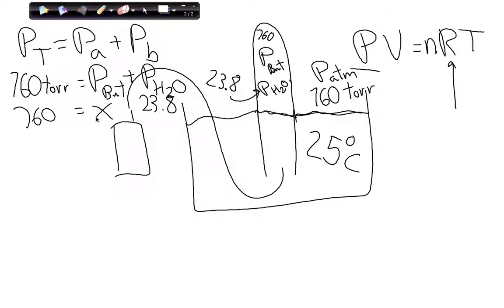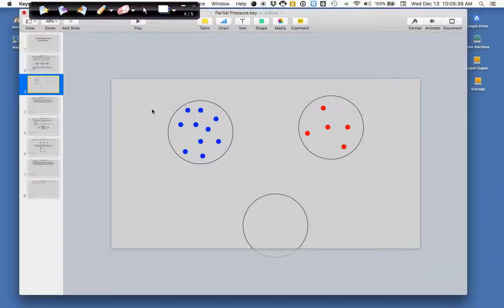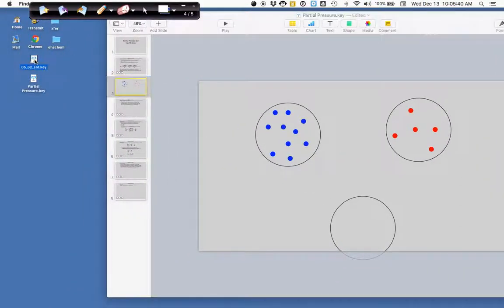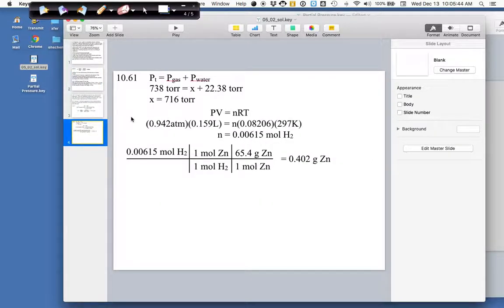Oh, yeah, no, okay, so let's go back and look at question 61. Yeah, so guys, here's what we're going to do. Let's go back to question 61, and now I'll bet we can think our way through this. Because they tell us that the total pressure is 738, and then this is at 24 Celsius, I guess?